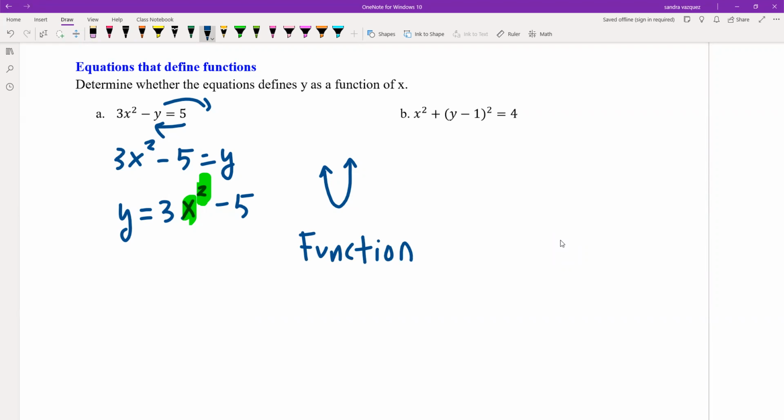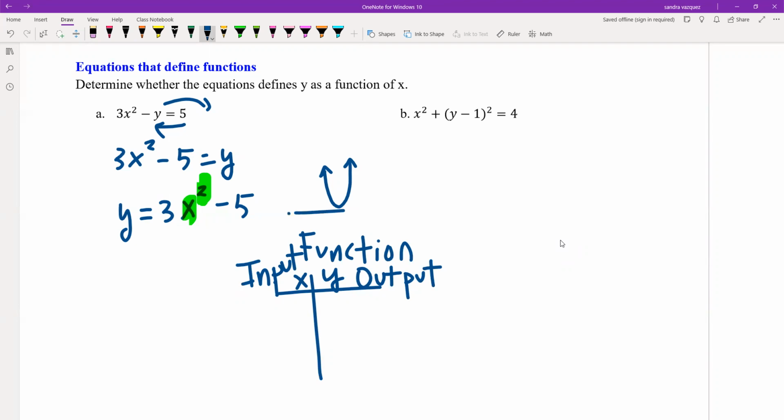The definition for a function, we talked about it, I believe, in section 2.1, and the definition says if you have an input, you get an output. But whatever your input is, it's unique.